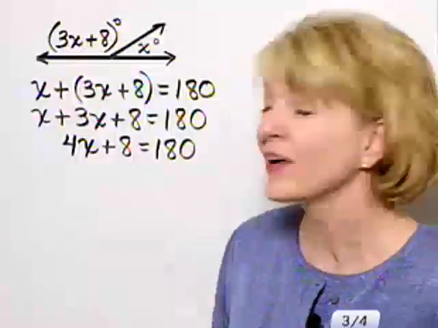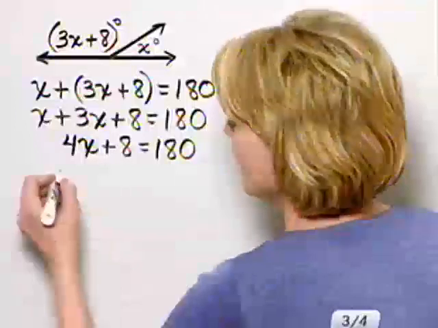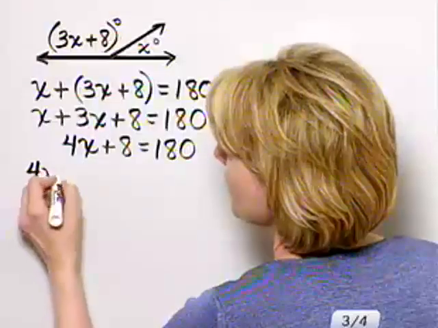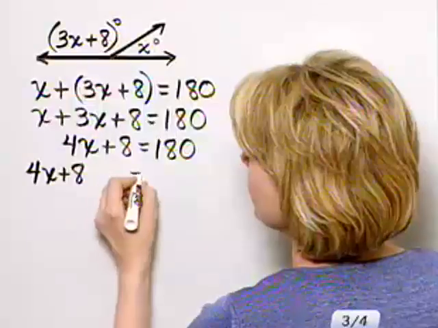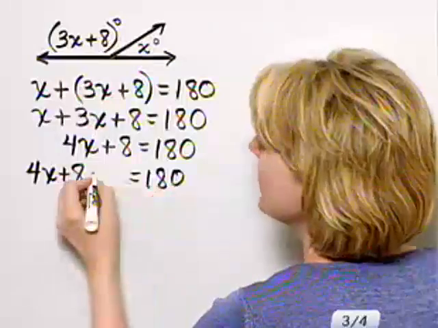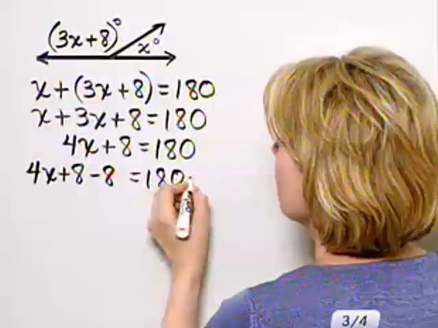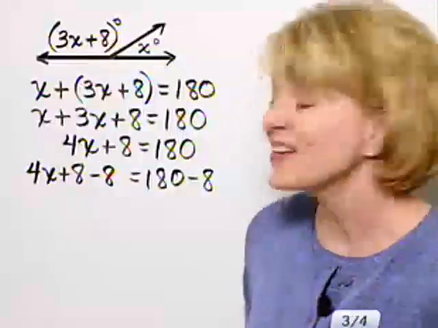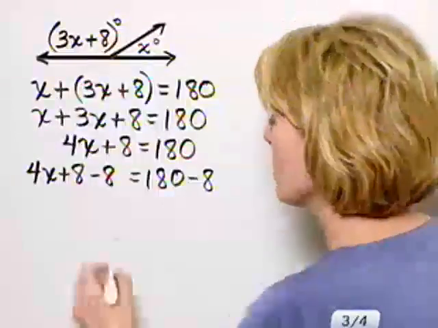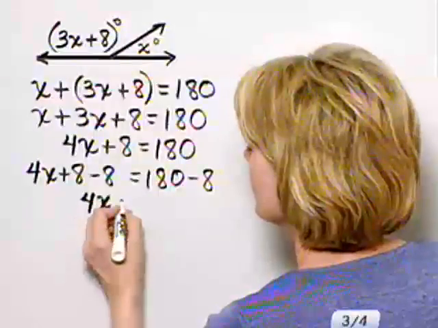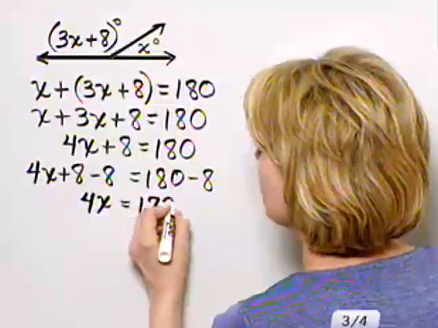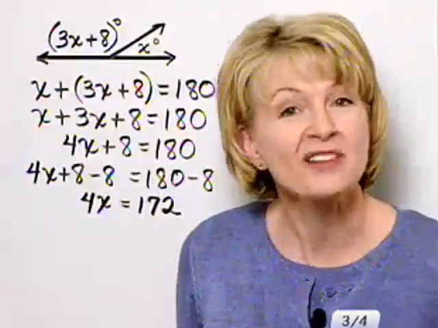I will subtract 8 from both sides, and so I'll have 4x plus 8 is equal to 180. I'll subtract 8 from the left side, subtract 8 from the right side. I'll have then 4x is equal to 172. And then how do I solve for x?